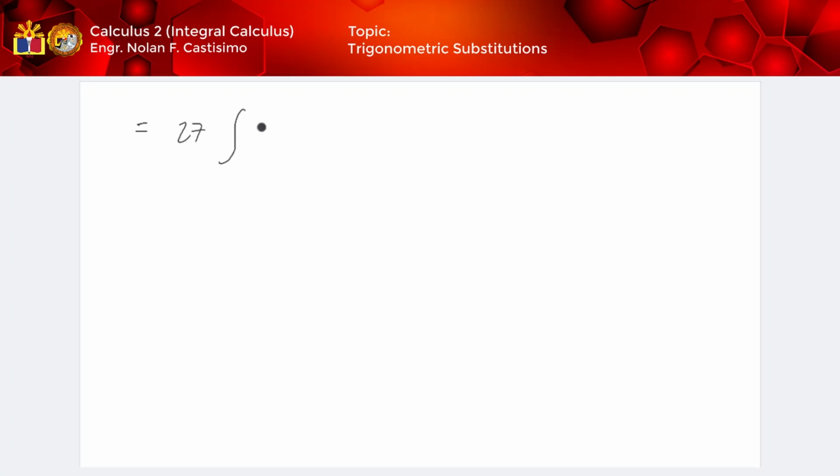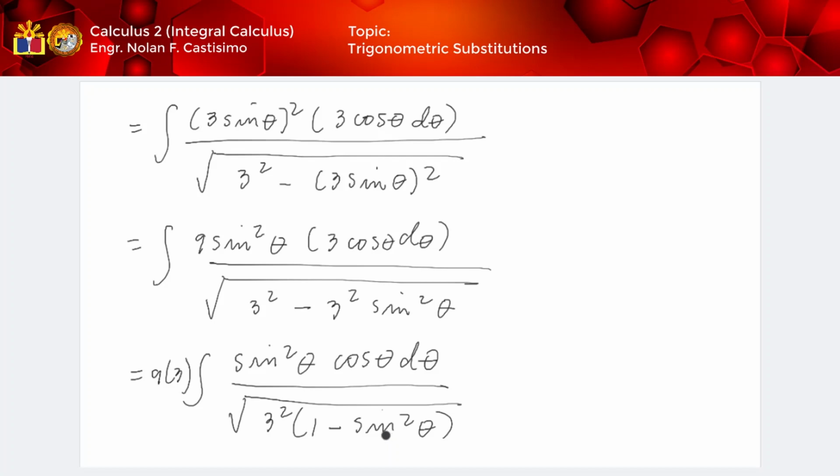Integration of sine squared theta cosine theta d theta over, so ito 1 minus sine squared theta. So ano ba yung ating trigonometric identity? Magagamit tayo dito ng trigonometric identity.